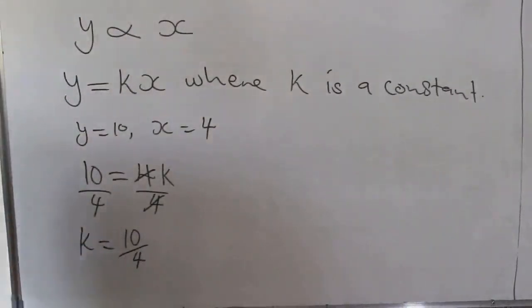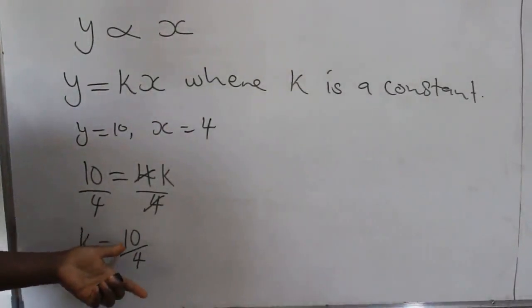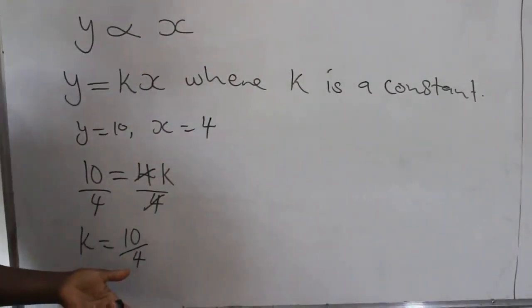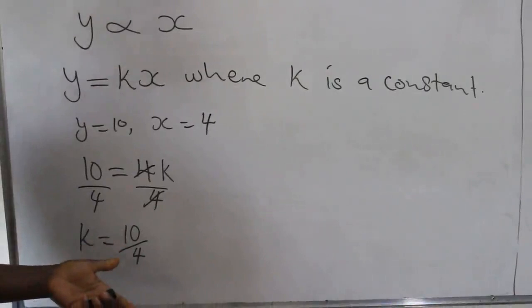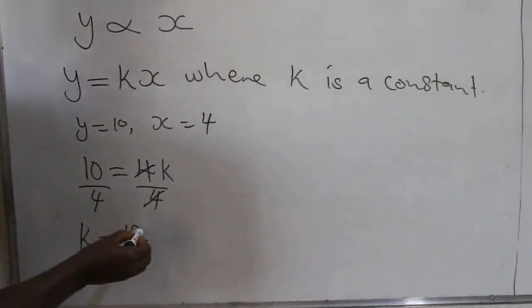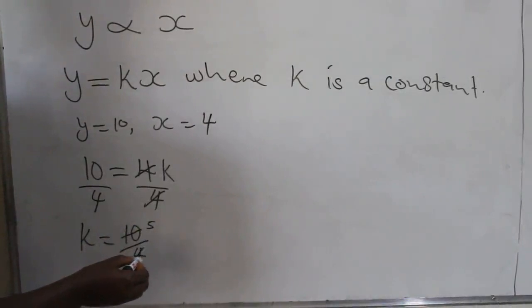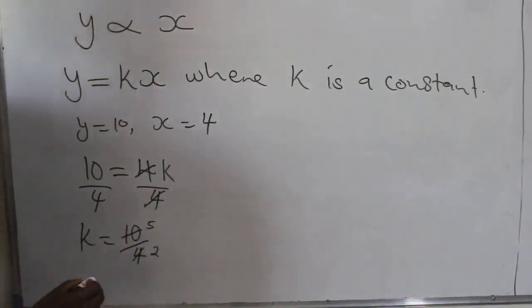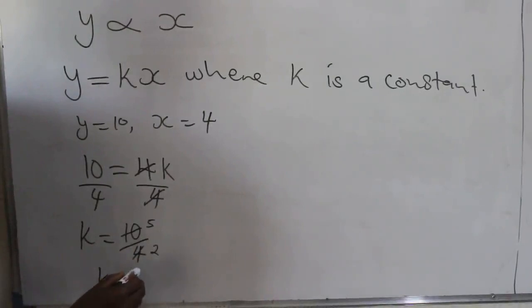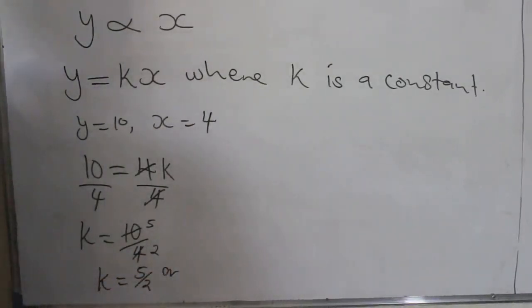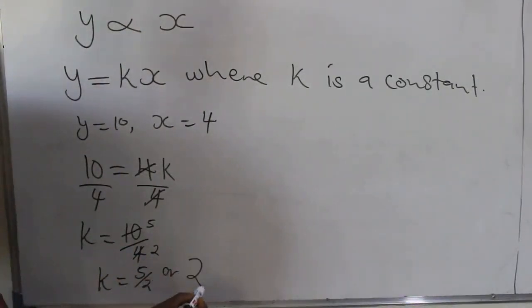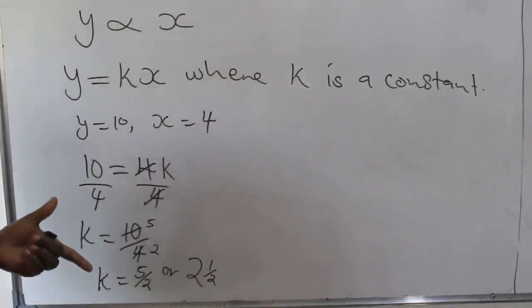We have a fraction here, so we need to reduce it by getting the common factor, which is 2. 2 can go into 10 5 times, and 2 can go into 4 2 times. So our K now is equal to 5 over 2, or you can write it as a mixed fraction, 2 and 1 over 2. So that is our constant.